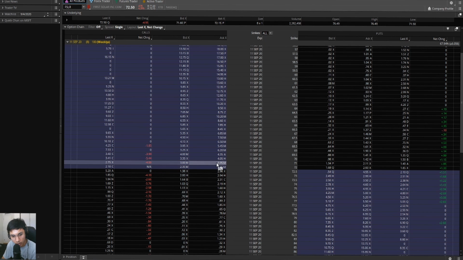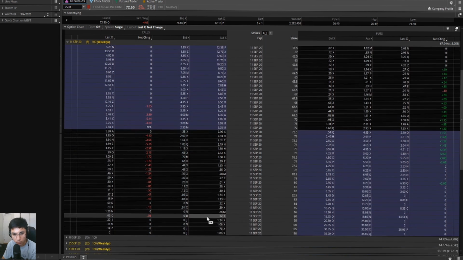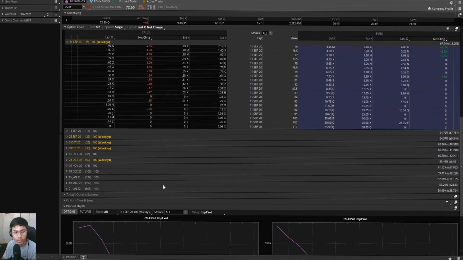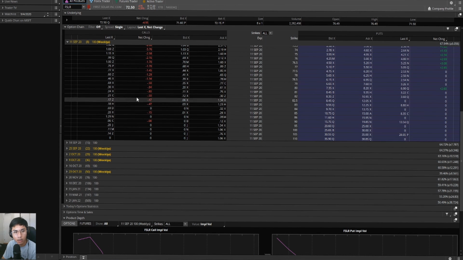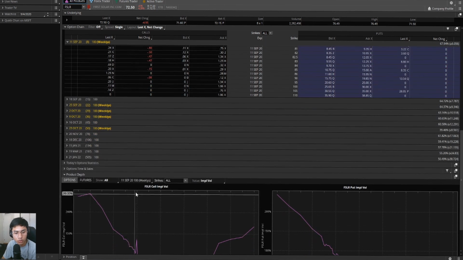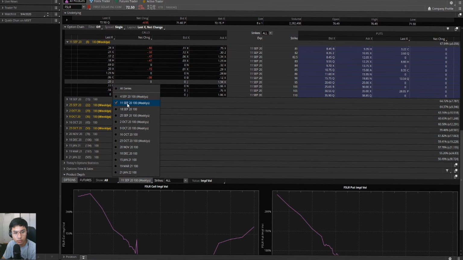If things go as planned, I'm going to buy this contract. After that I have to look at the implied volatility for that expiration date, which is the 11th September 2020, next week's Friday.